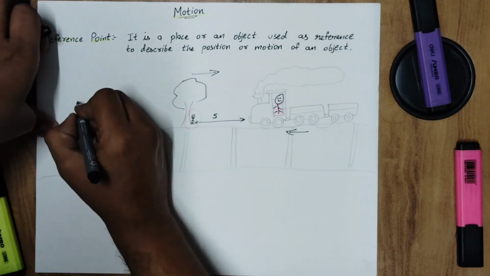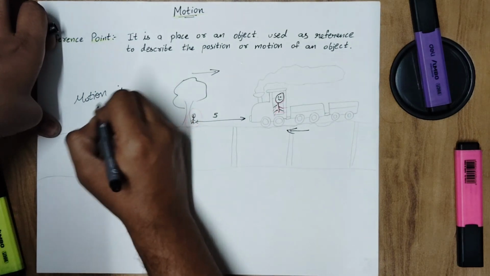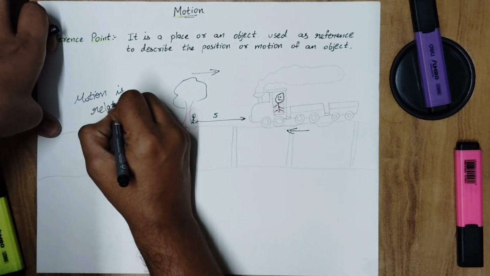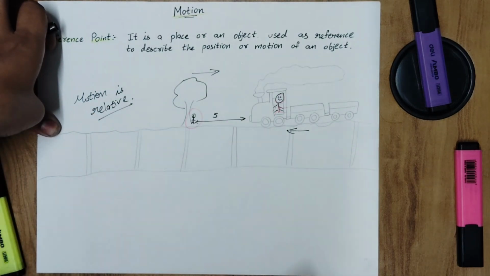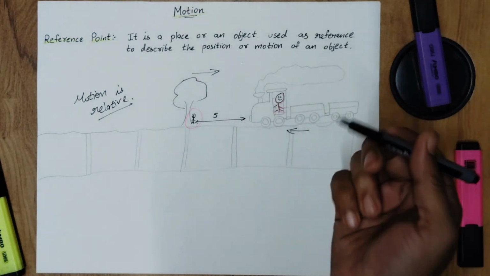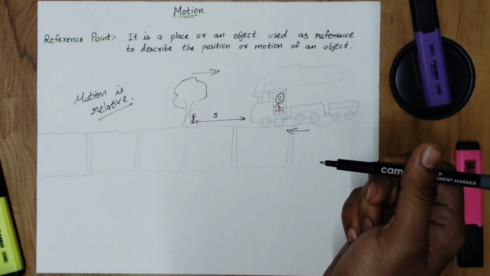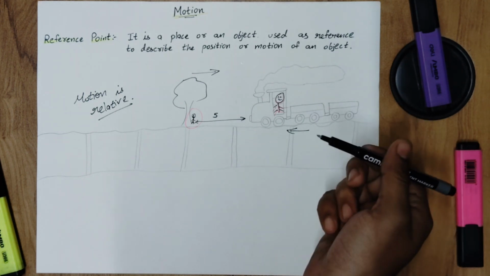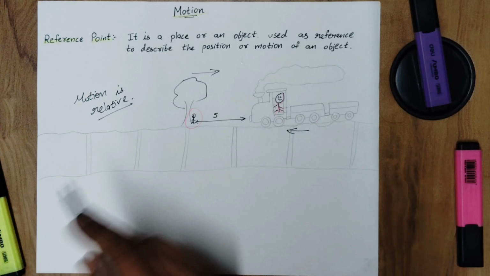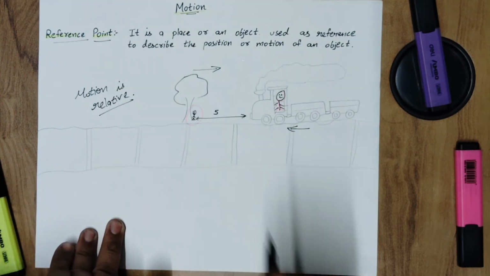So basically, we can say that motion is relative. मोशन इज रिलेटिव, इट इजंट एब्सोल्यूट। ये जो हमेशा हर पॉइंट के थ्रू अगर उसका पोजीशन और उसकी डायरेक्शन चेंज हो रही है तो मोशन रिलेटिव है। दिस इज द थिंग which shows about the reference point.